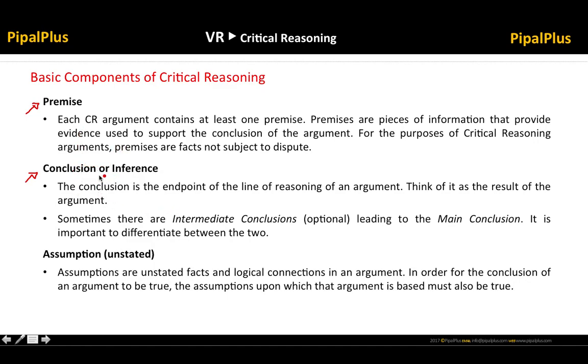In conclusions, sometimes there may be certain intermediate conclusions and certain main conclusions. We're going to talk about these in greater detail when we talk about the example. The third component of critical reasoning is assumption, which is typically unstated. The assumption is the bridge that links the premise and the conclusion. We're going to look at this in greater detail.